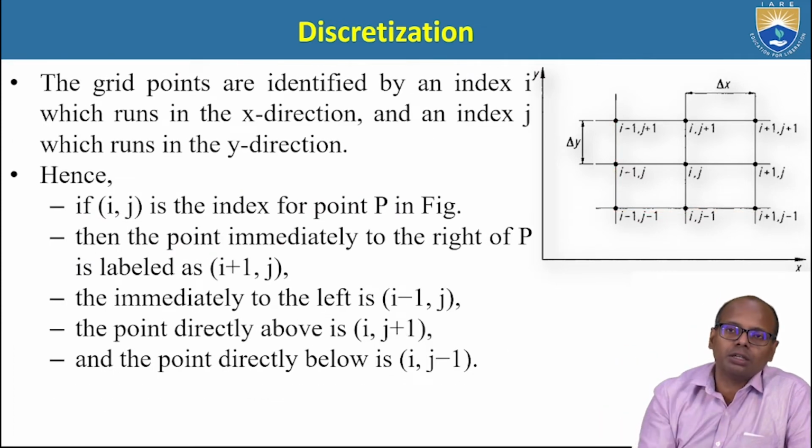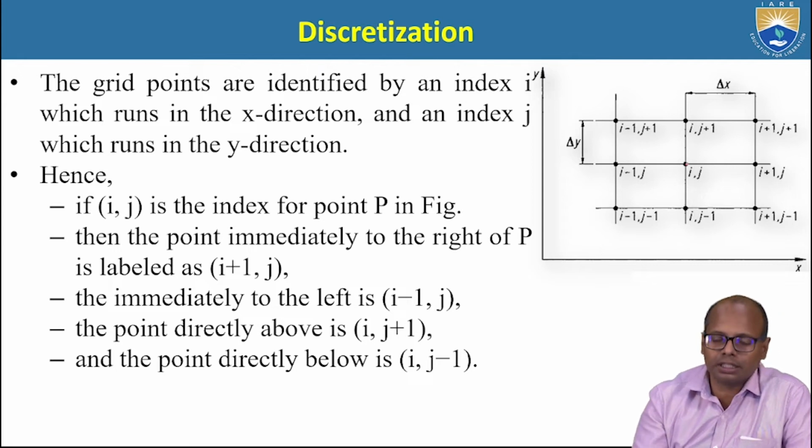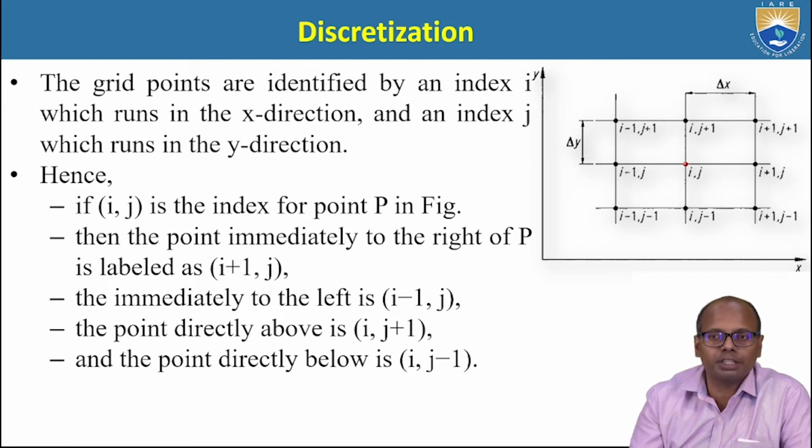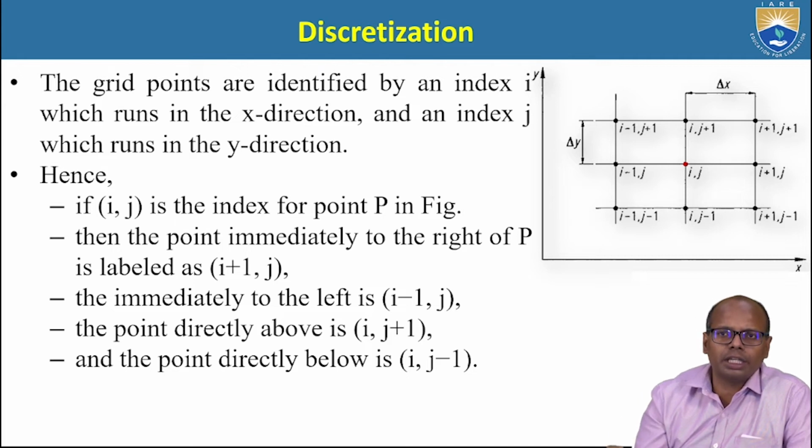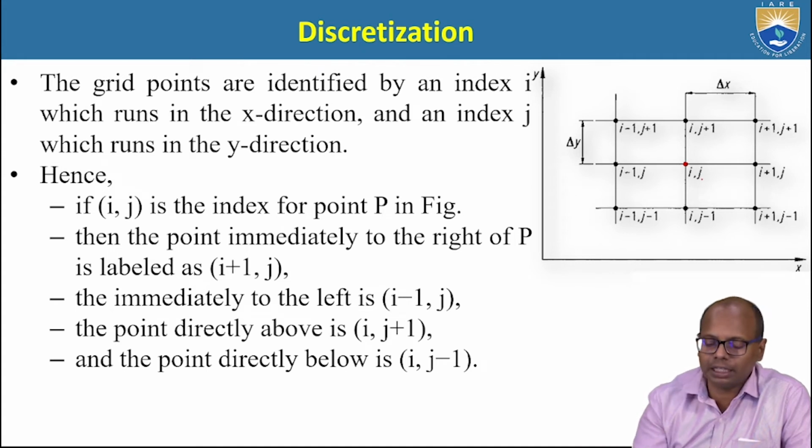Now, in the discretization, suppose this point is there. This is the point at which we are present, and this point is designated by i, j. We give that point an index i comma j. The index i runs in the x direction and the index j runs in the y direction.